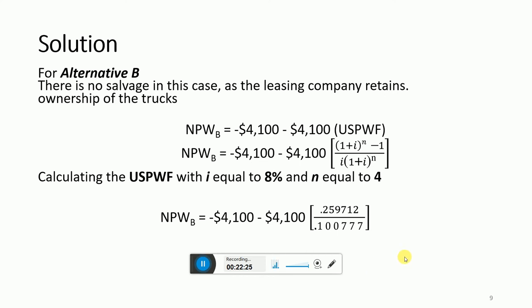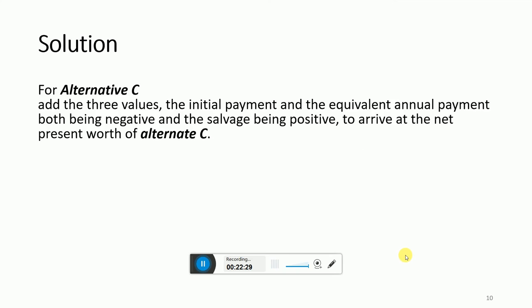So now let's calculate the net present worth of alternative C. We have seen that in the third case we have to immediately pay $4,000, and then we have to pay 4,500 per year at the end of each year for 3 years, and 5,000 would be the salvage value.